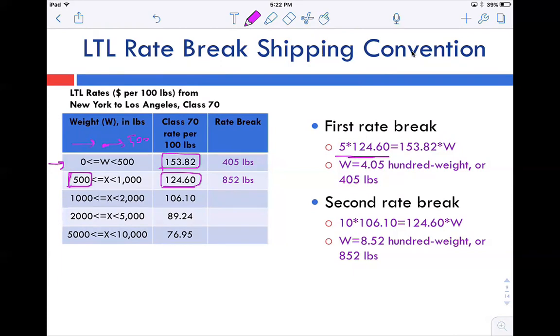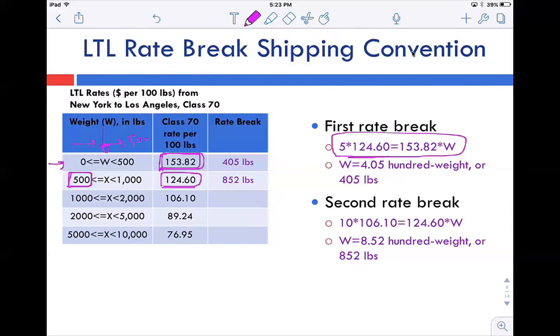We make sure that we do that right here. It is basically what would be the equal amount of shipment that corresponds to this category. We call it W, and its corresponding price level 153.82, so that it would be equal to paying the minimum total cost at the next category.